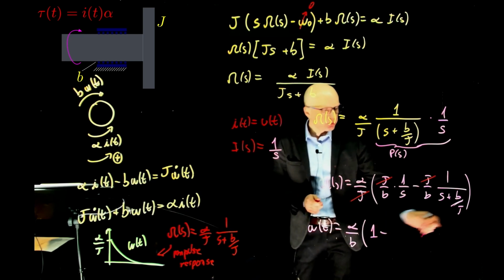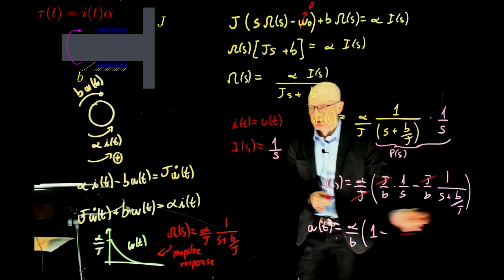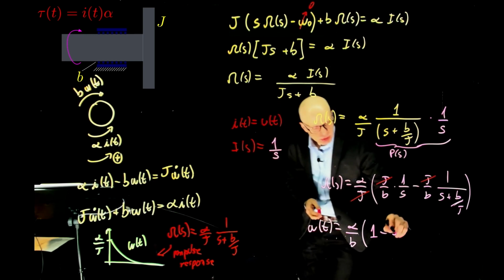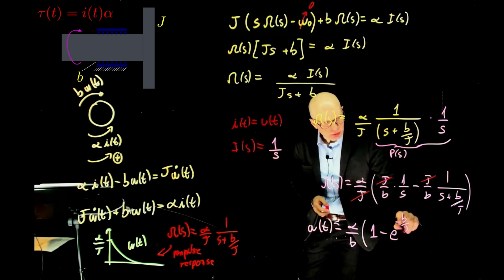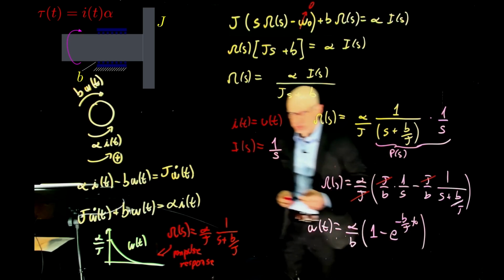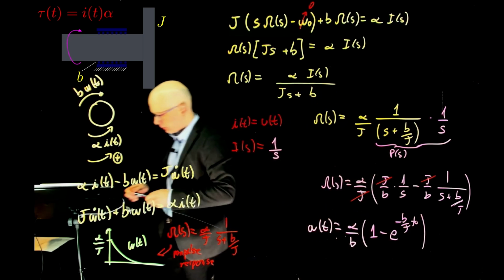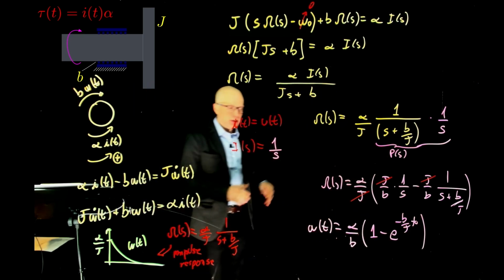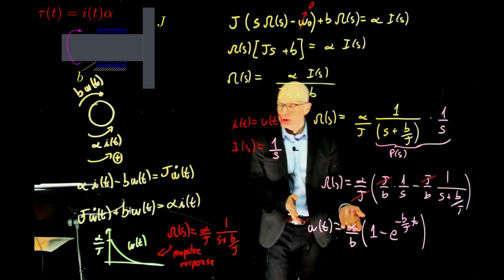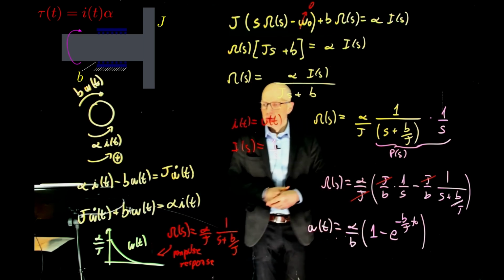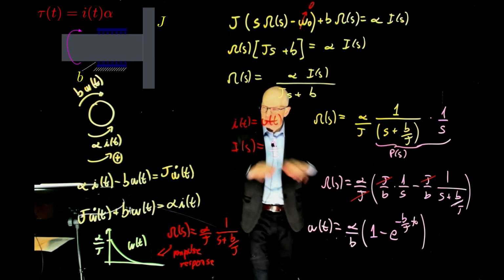The inverse Laplace transform of this is exponential of negative B over J times T. That's now the speed of the motor as the motor is turned on and left to stabilize.